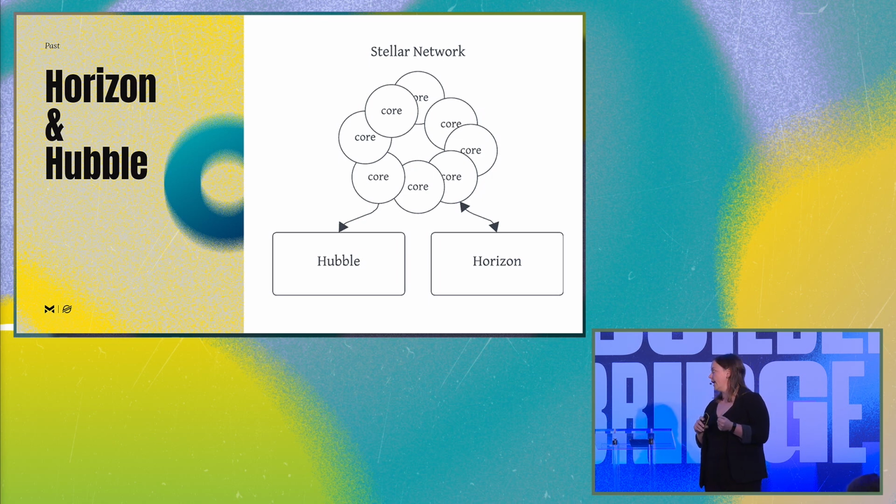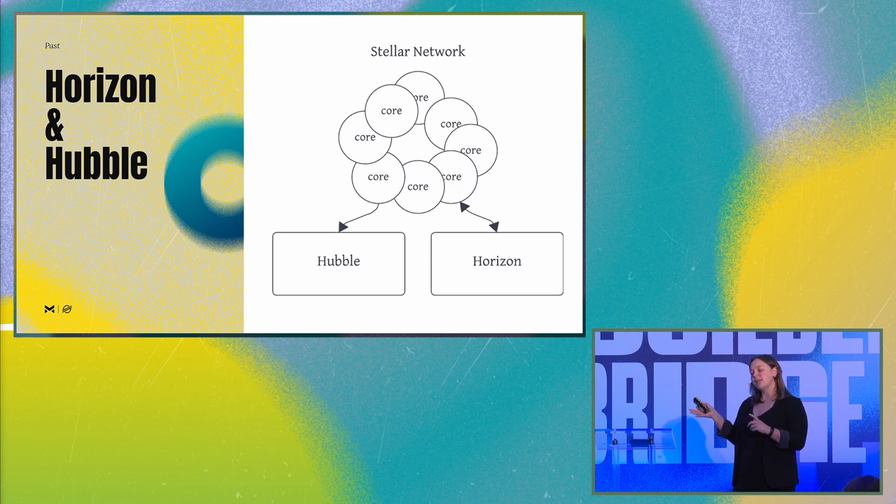Hubble, on the other hand, is one-way communication. It's read-only, more of an OLAP system, so for analytics use cases for the most part. Not as widely adopted as Horizon, but it actually has a lot more data. So if you're into that, you should check it out. We'd love to get more eyes on that.